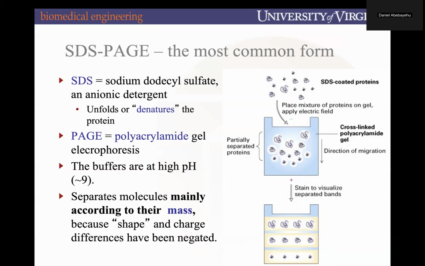It also denatures them. That denaturing is really important. We've talked several times about how biology exists in 3D. There's protein folding, but it can sometimes be hard to run or characterize a protein if it's in its folded-up state. We want to unfold it. The unfolding of these proteins is denaturing.